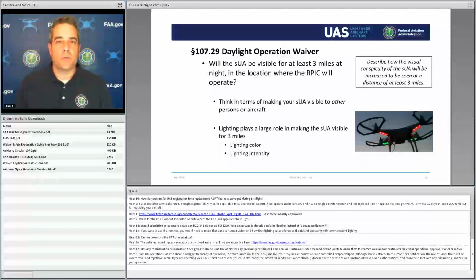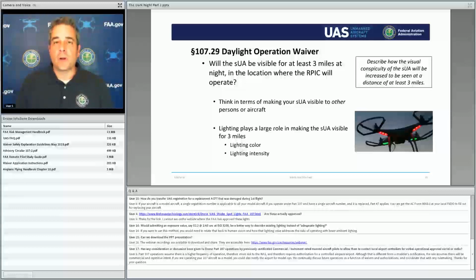The last point we want to talk about with the Waiver Safety Explanation Guidelines is increasing the conspicuity of your unmanned aircraft at night so that it can be seen for at least 3 miles. Remember, this portion of the waiver safety explanation guidelines is not so much to ensure that you, as the remote pilot in command, can see the lights for 3 miles, but that the lighting can be seen for 3 miles for non-participating aircraft or non-participating persons.